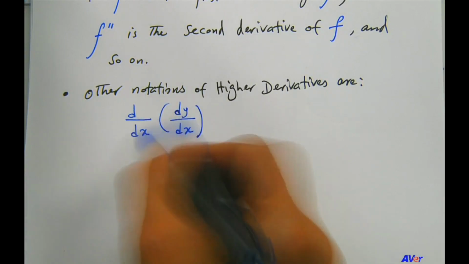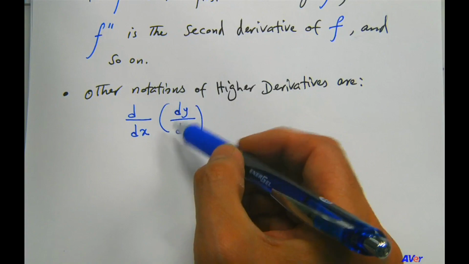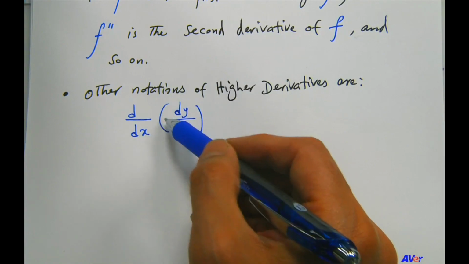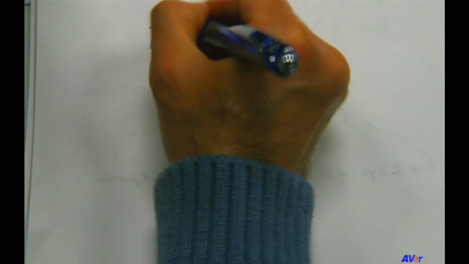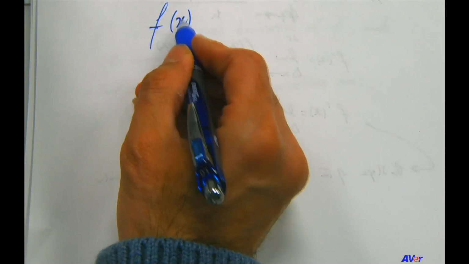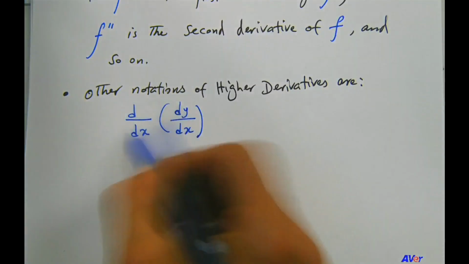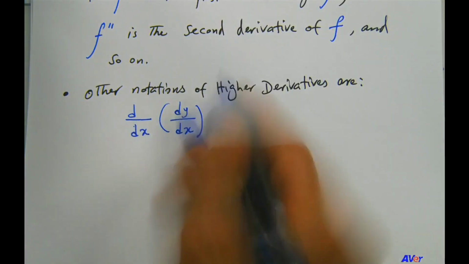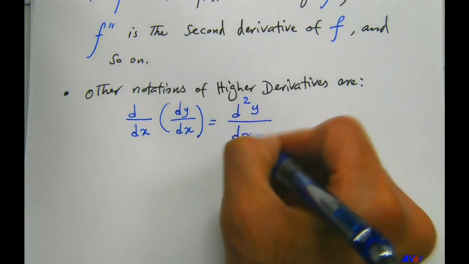This is just like multiplication. It's exactly like multiplication. This is a very rare case where notation means multiplication. I say this because, remember, for f of x, this doesn't mean that some f is being multiplied by x, right? This is just a name, f of x. It's the name of a function. It does not mean that anything is being multiplied here. But here, in this notation, these are being multiplied. So this times that gives us d squared y divided by dx squared.